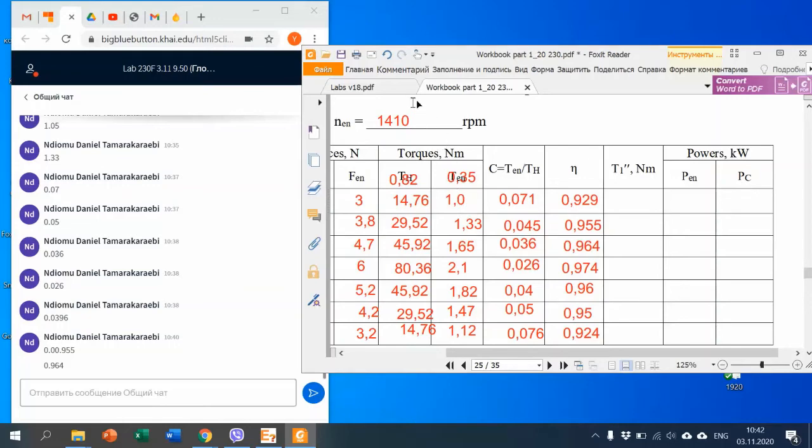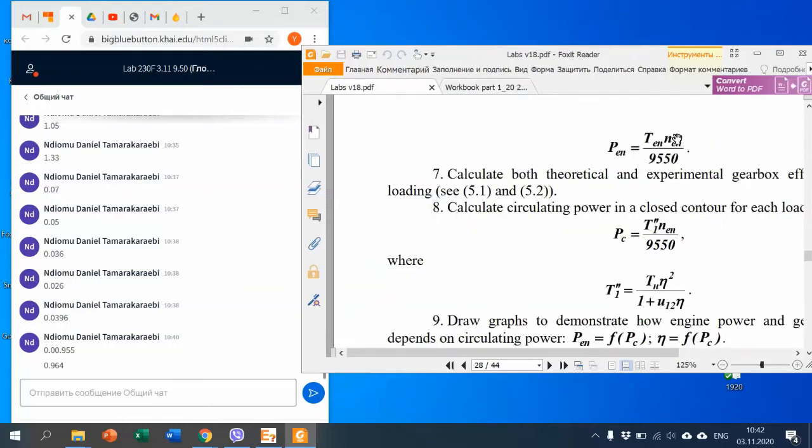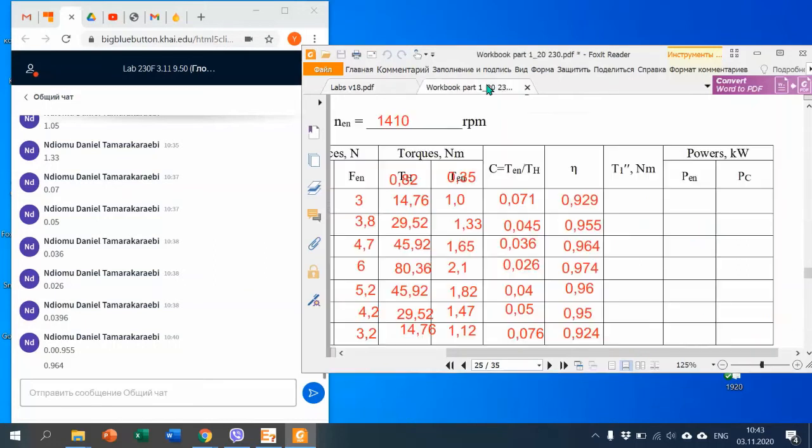You can calculate n divided by 9550 because it is constant, and after that times this constant each T engine. 1410 divided by 9550, and after that this result times T engine, and we'll have P engine.